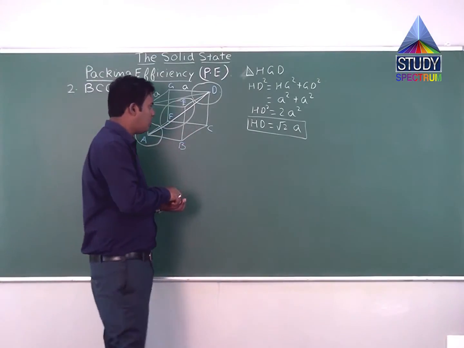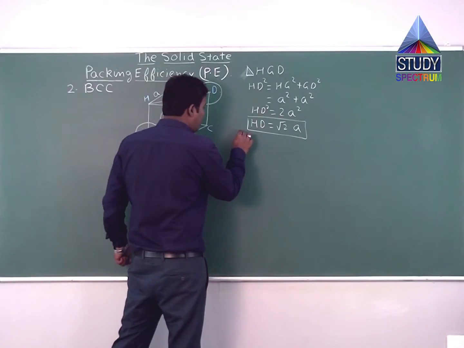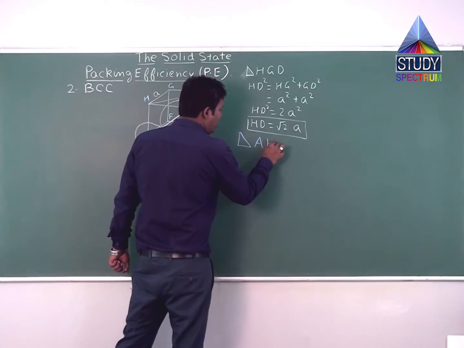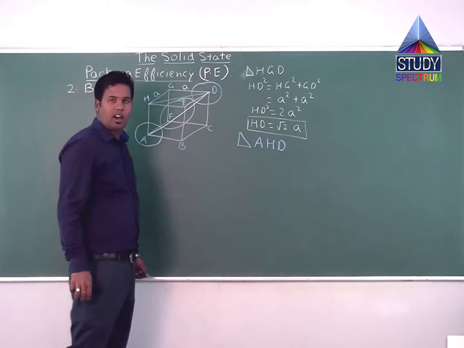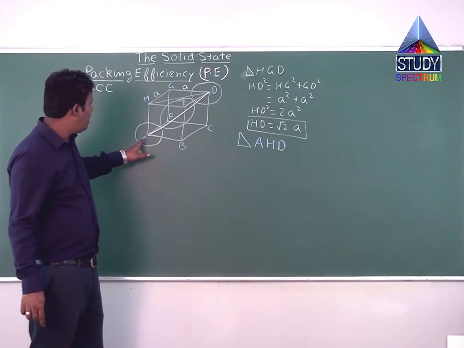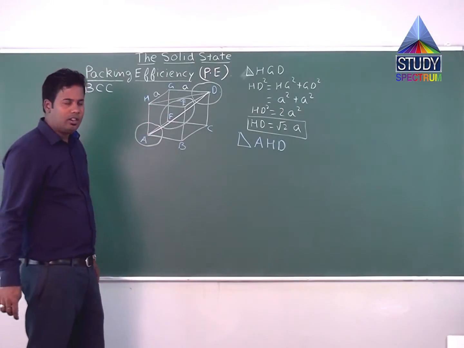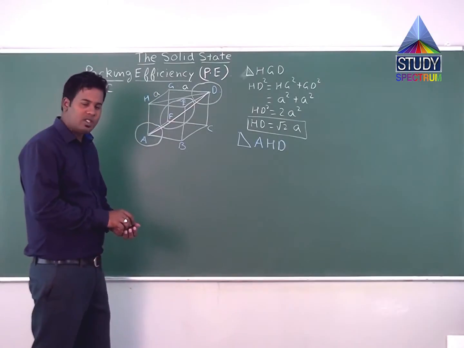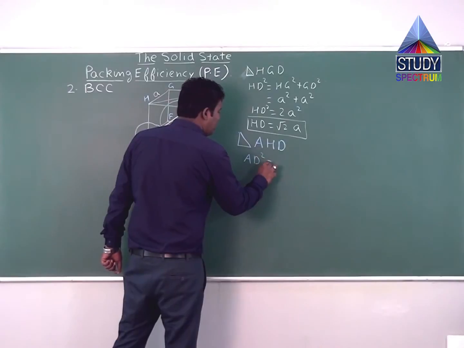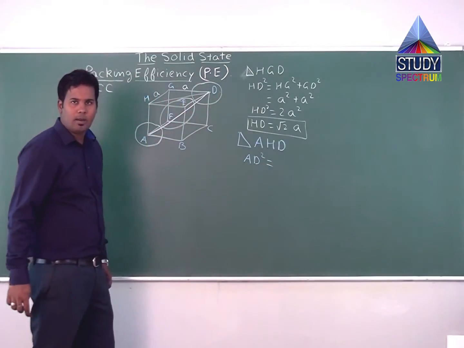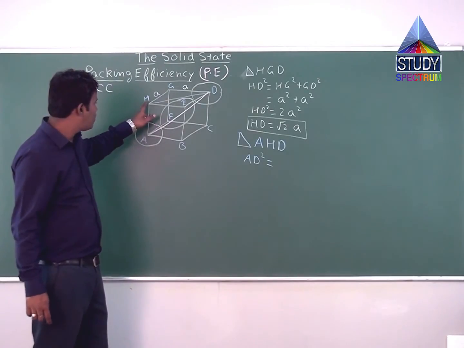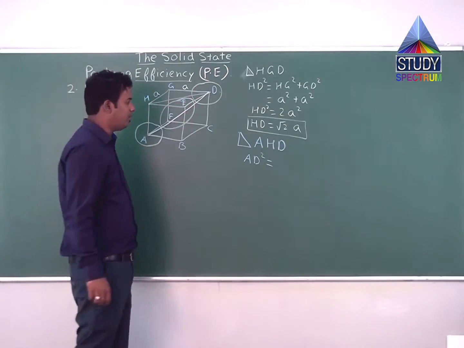So if I choose the right angle triangle AHD, right angled at H, which means the angle AHD is 90 degrees, then the hypotenuse is AD. So I can write AD square is equal to the sum of the squares of the other two sides of this right angle triangle, which is AH square plus HD square.